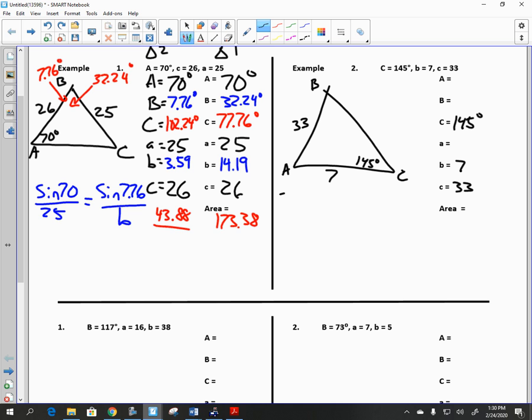So I set up sine of 145 over 33 equals sine of B over 7. Multiply both sides by 7.